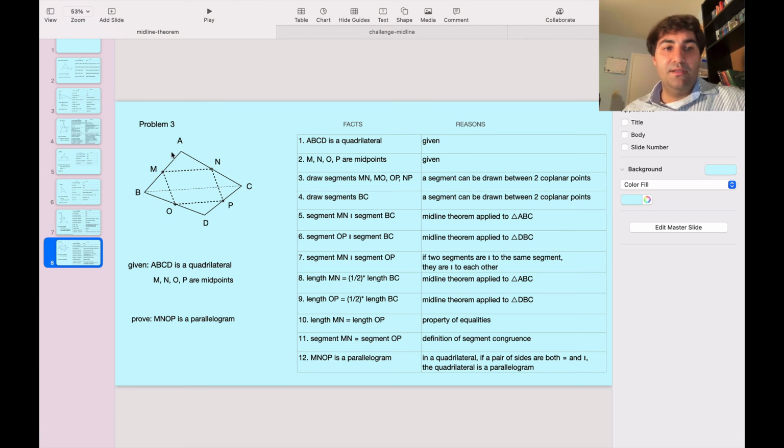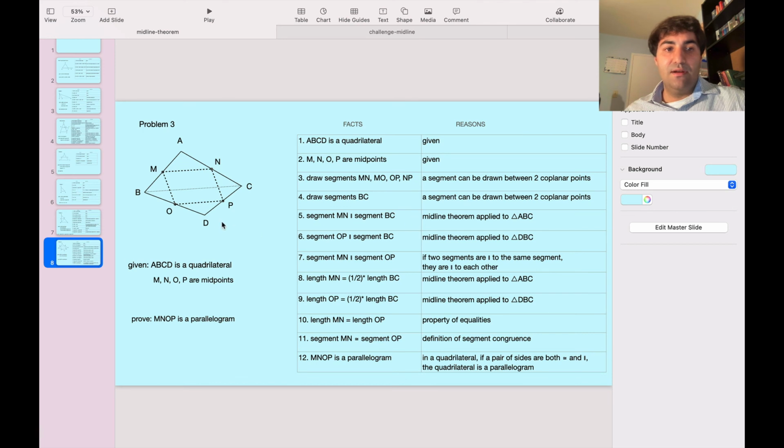Okay, so if we look at this triangle ABC, M and N are midpoints, right? M is the midpoint of segment AB, and N is the midpoint of segment AC. So by the midline theorem, we get segment MN is parallel to segment BC.